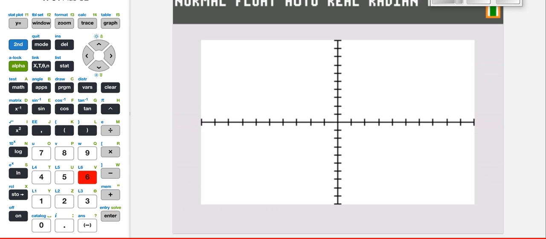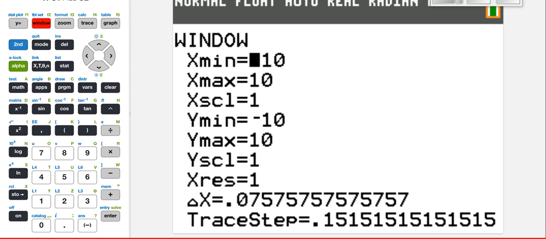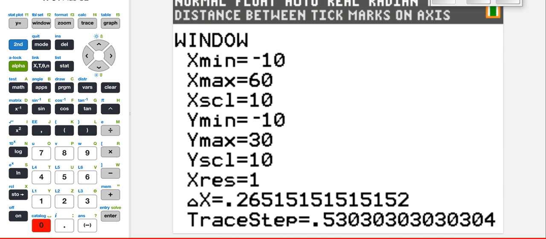What's wrong with our graph? There's nothing wrong, except you may have to change the window because the numbers that we are getting for the graph are kind of large, so change to something larger. Okay, so change the window setting to this. We should be able to get something.